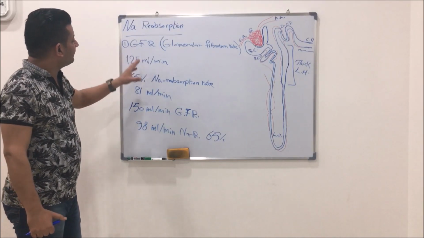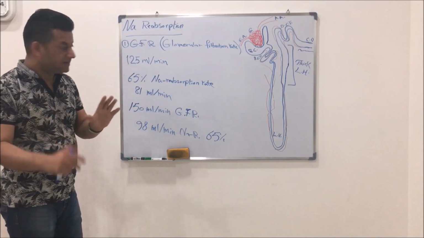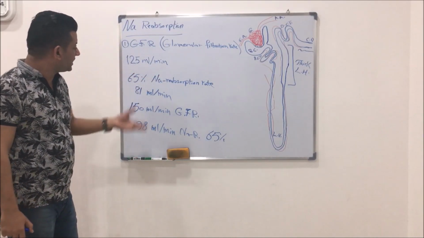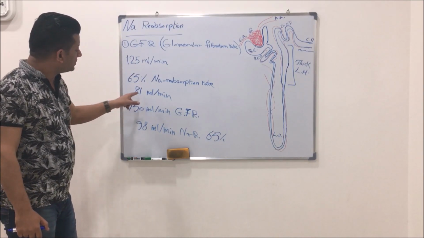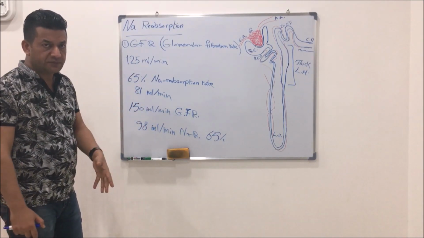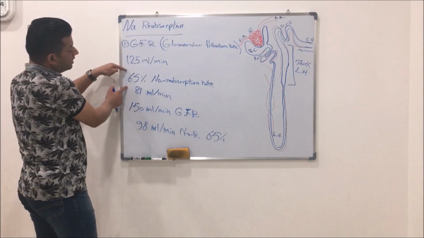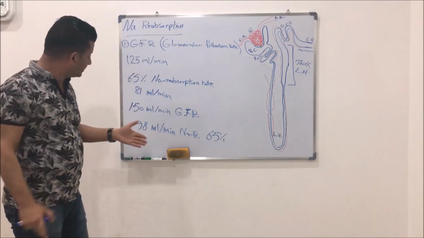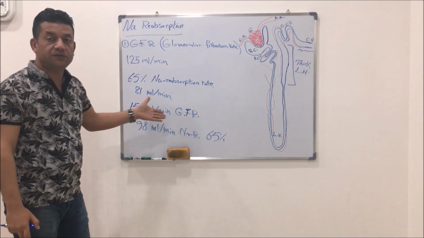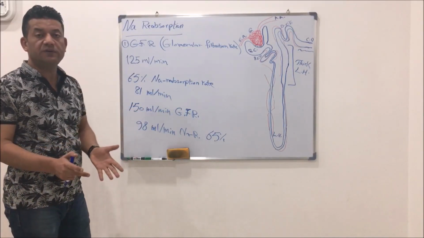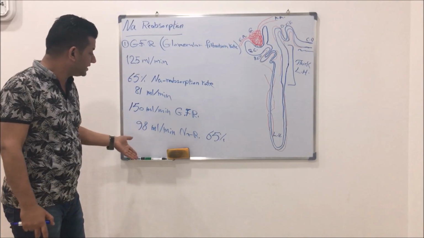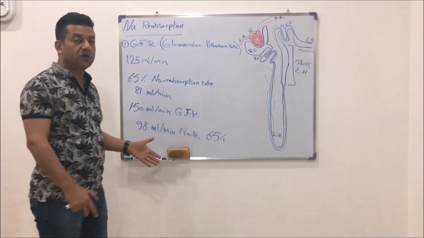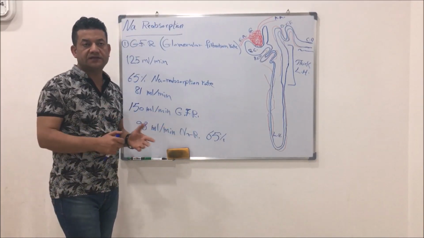When the GFR was at the normal 125 ml per minute, the reabsorption rate was 81 ml per minute, about 65%. And when GFR increases to 150 ml per minute, the reabsorption rate also increases to 98 ml per minute, or about 65%.